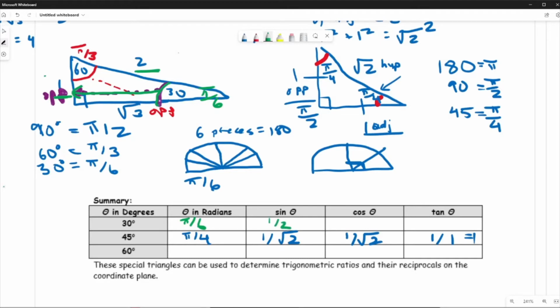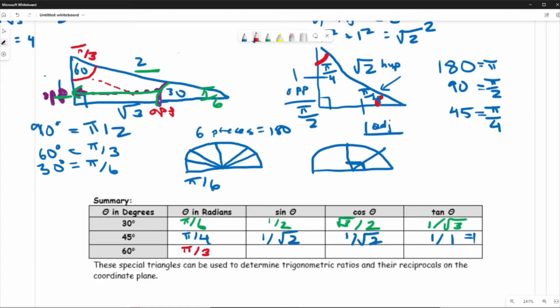The cos of pi over 6 would be root 3, which is the adjacent side, divided by 2, which is the hypotenuse. The tangent would be the opposite, which is 1, divided by the adjacent, which is root 3.